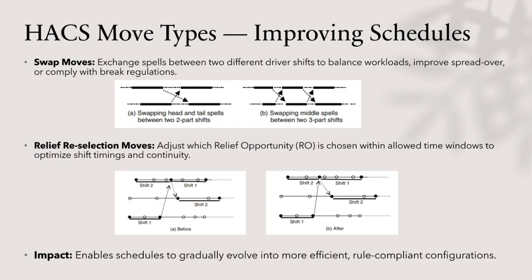Relief reselection moves adjust which relief time is chosen within a permissible window, often shortening duty times or reducing overtime. The given figure shows a visual example of these two types of moves and how they affect the overall shift structure over time. The impact of these moves is that they enable the schedule to gradually evolve into more efficient and rule-compliant configurations.